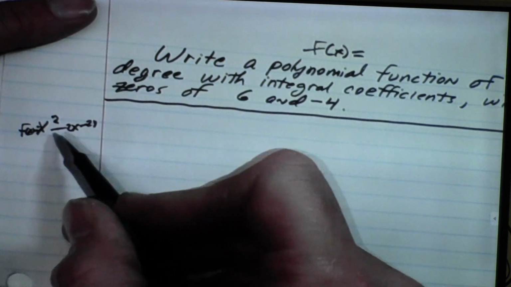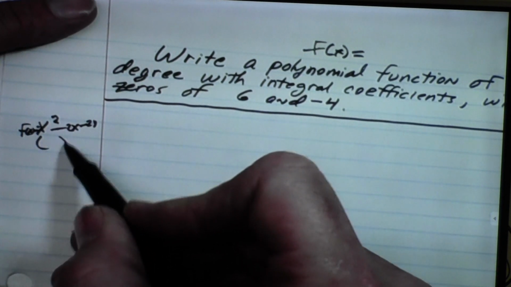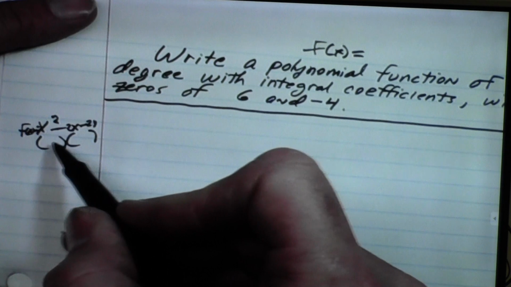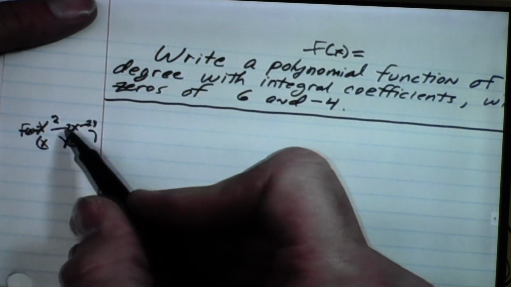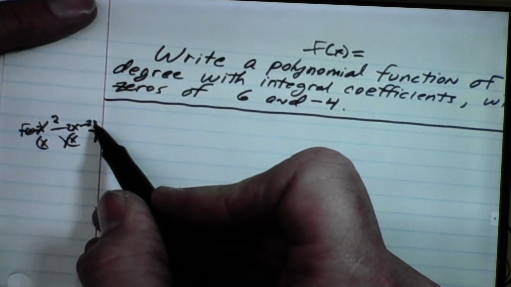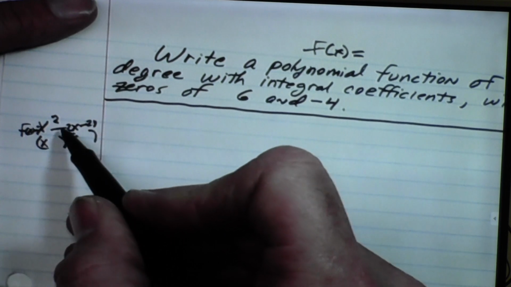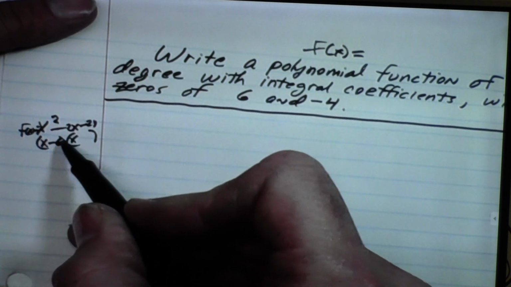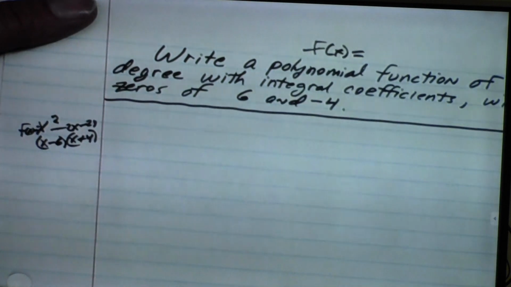So if you factored this out, we would have x, and we'd figure out what two numbers multiply to -24 and add up to -2. Well, that looks like a -6 and a +4 would do that.